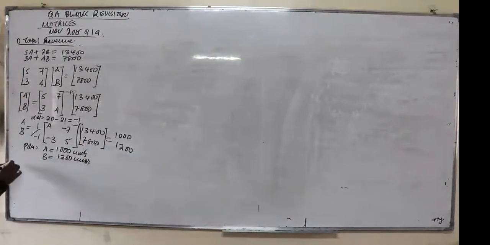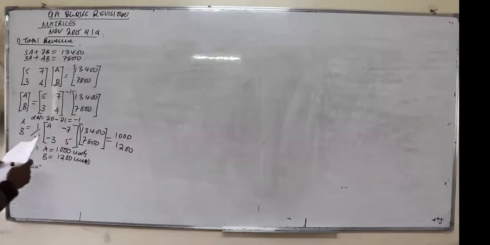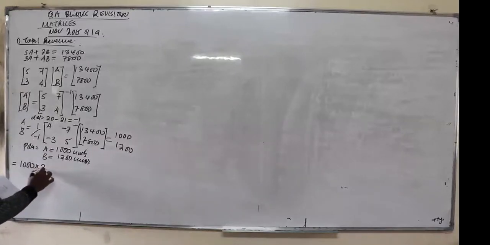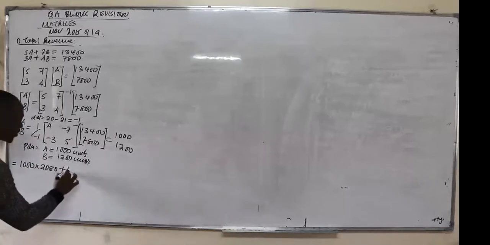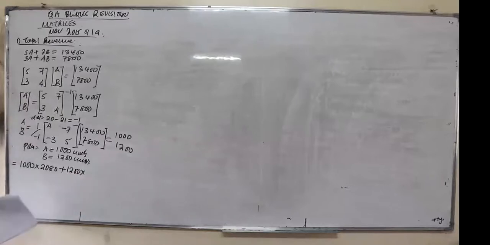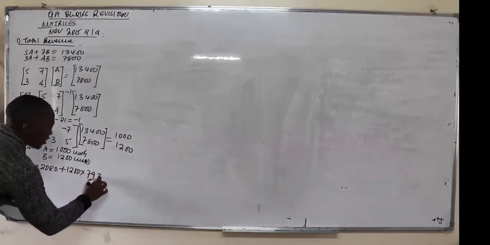So to get the total revenue, A, you are producing 1,000 units. And how much was the selling price per unit? You are told that product A is sold for 2080. And then B, we produce 1,200 units. And the selling price per unit of B is 79.39.